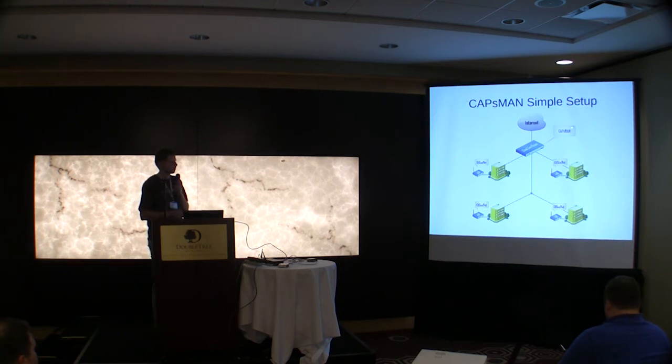For example, here we have CAPsMAN, and we have 4 locations where you can put your APs. We'll call them OfficeNet. You want all those 4 to be managed in one location, in your central Cloud Core Router, which will be the CAPsMAN, and all those devices will be CAPs. So how do we make such a setup?